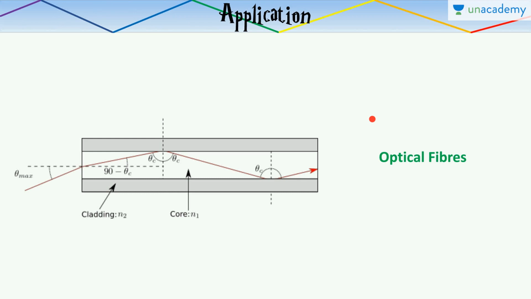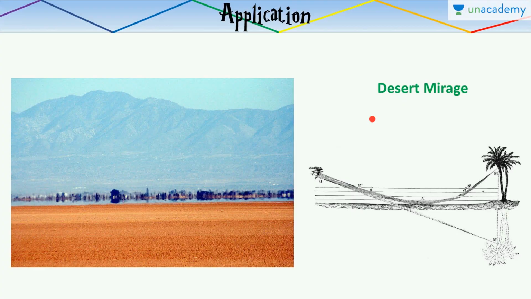This is used for long distance communication and information transfer, as in the case of the internet. Nowadays, for the internet, you don't use copper or metal cables, you use optical fiber cables, so that you will know what your brother in the USA is doing right now through your Skype call. That happens only because of optical fibers.